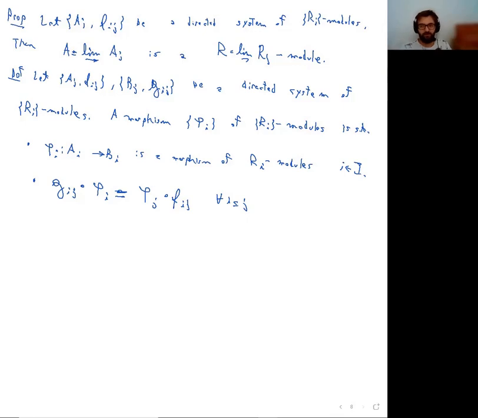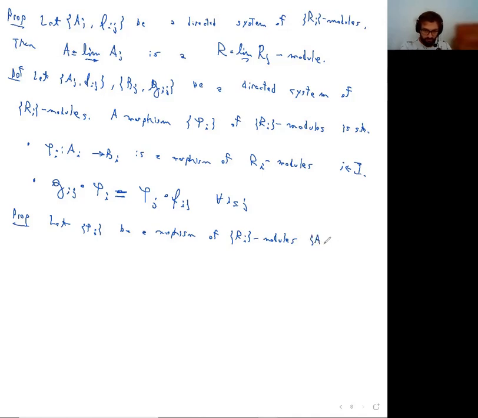if you think that your directed system is just a straight line. But there also the ring is fixed. It's just complex numbers in that case. So this is quite more general. Okay, note, so here we have something pretty nice, is that if you have such a morphism of Ri modules, then it goes down.